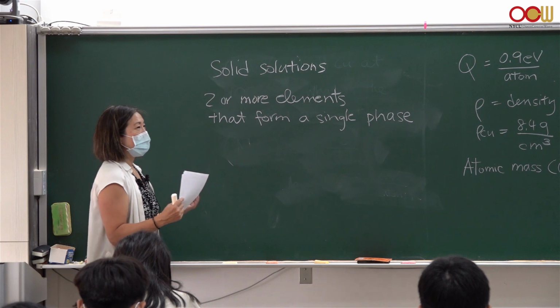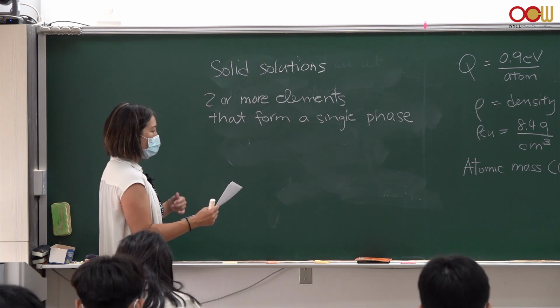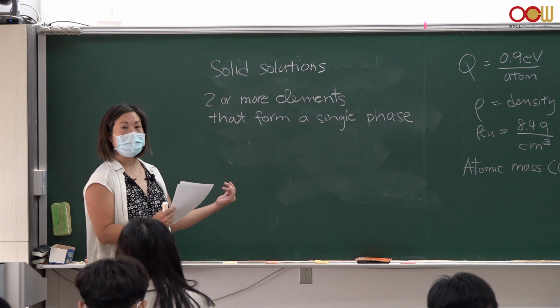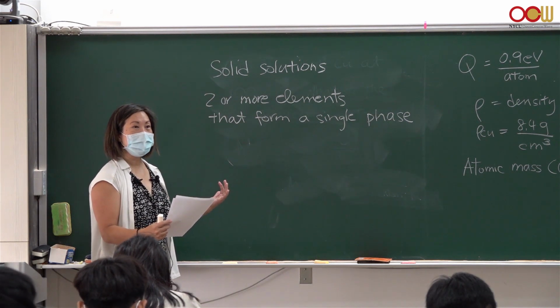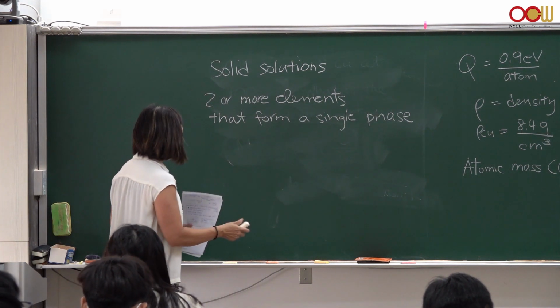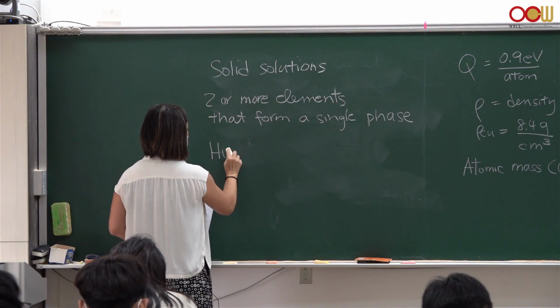And so how do you get a substitutional solid solution? What do you need in order to have 2 elements mixed together like this? And this is something that's called the Hume-Rothery rules.